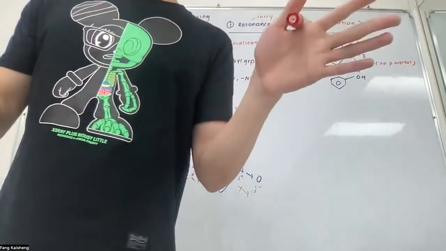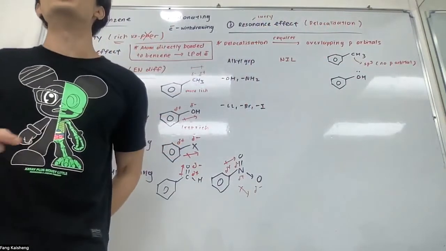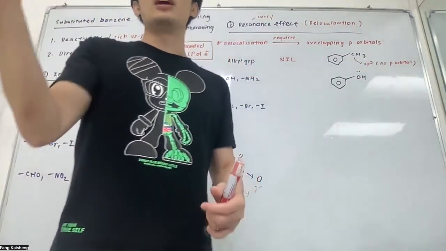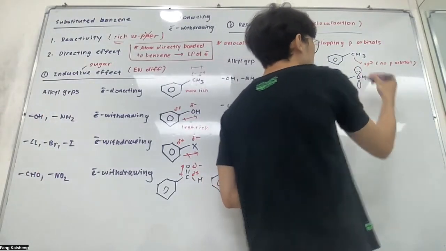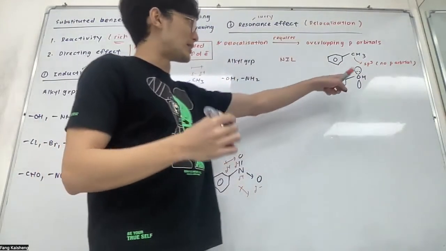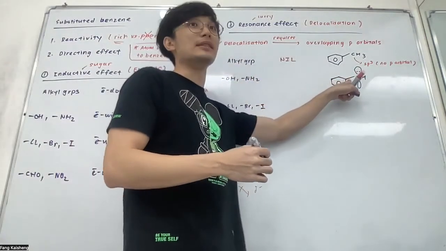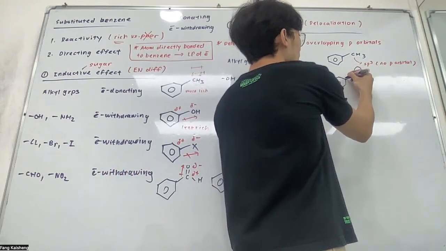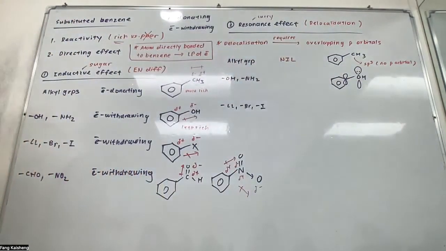I know we never learned hybridization of oxygen before, but does oxygen have a p orbital? Yes, because 1s2, 2s2, 2p4. The configuration of oxygen allows for p orbitals to exist. And I'm looking at an atom directly bonded, because look at the carbon of benzene. What does that carbon have? A p orbital. In fact, all 6 of them have p orbitals. I'm just going to draw for one of them. Go and draw in this diagram also.